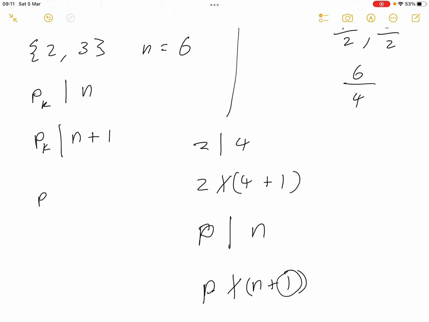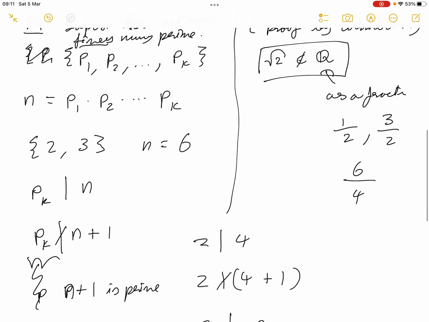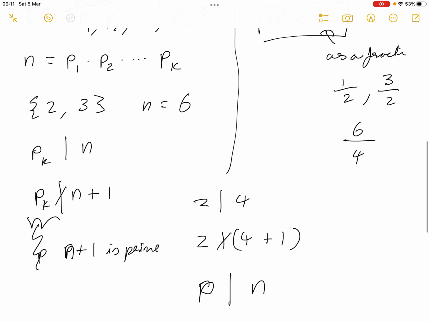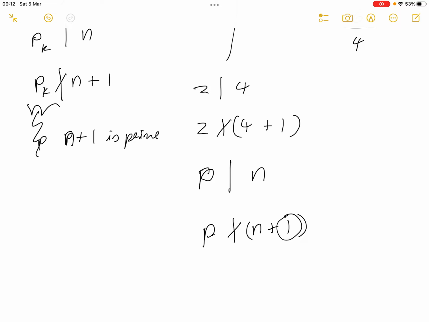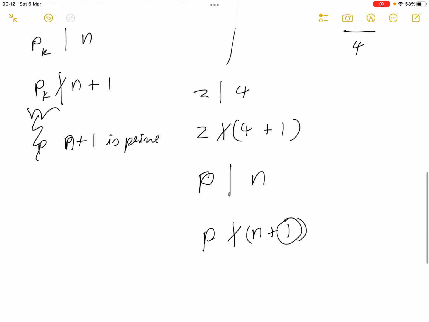Because we said that these were all the primes. But that means that n plus 1 is prime. But n is clearly bigger than all the numbers in this list because we multiplied them to make n. So we found a prime that is not in this list, right?